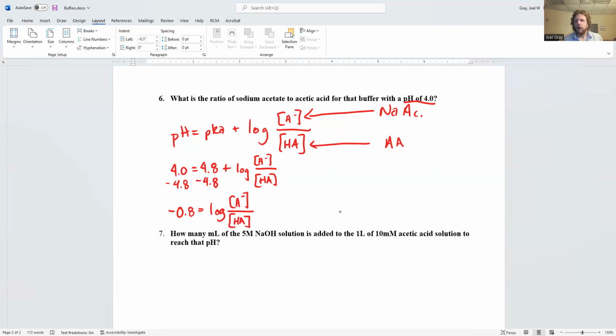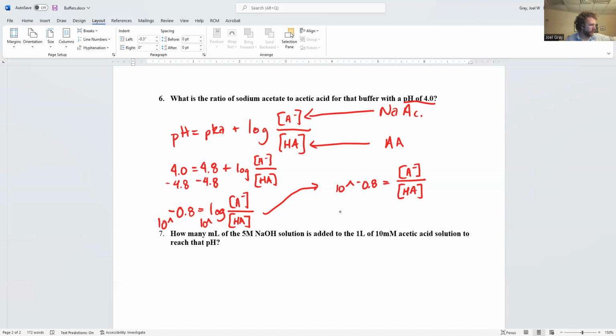Now that I have a log on one side, I need to undo that. So what I'm going to do is raise 10 to the log of A minus over HA. If I do that to the right-hand side of the equation, I have to do it to the left-hand side. That gives me 10 to the negative 0.8 equals A minus over HA.